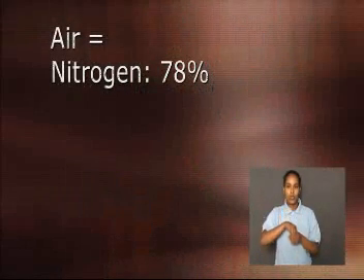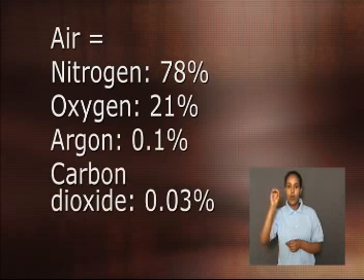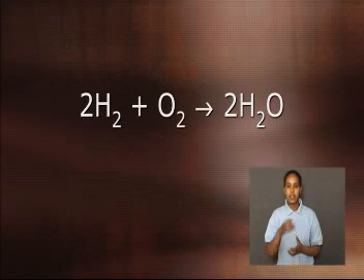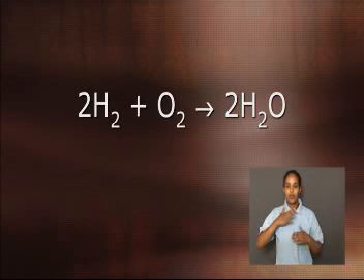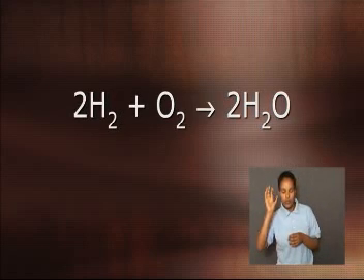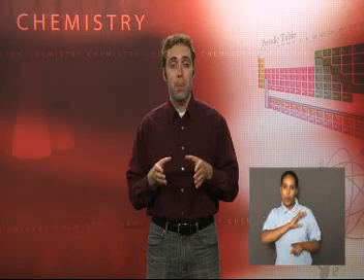It is a combination of many elements, including nitrogen, oxygen, argon, carbon dioxide, and several others. The air we breathe also contains water vapor and carbon dioxide, which is a mixture in itself. Each substance is present and retains its own properties.